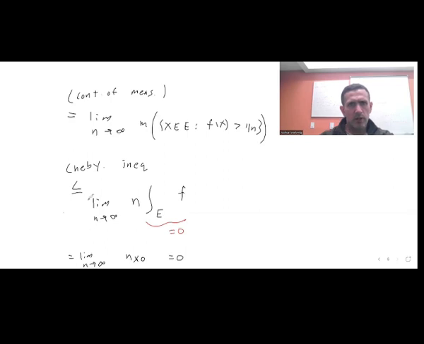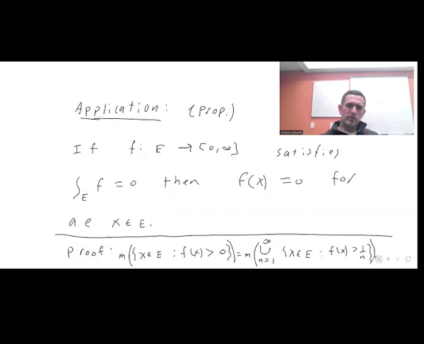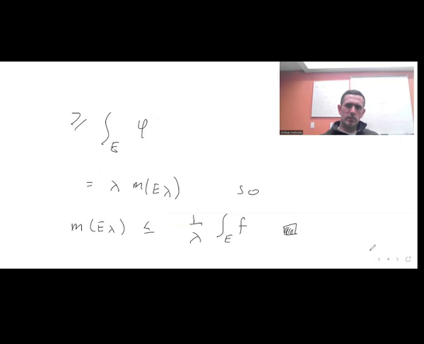Well, that's 0, however you write it. N times 0 equals 0. And that's it. There's really not much more to it than that. So, a nice little application of Chebychev's inequality.